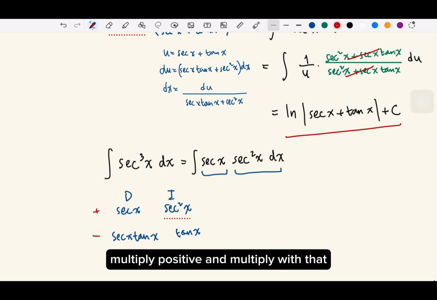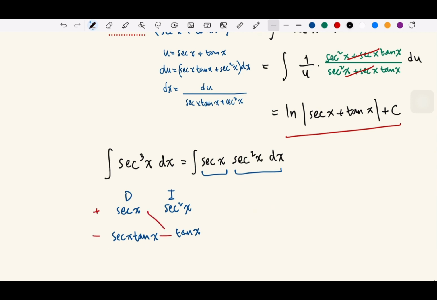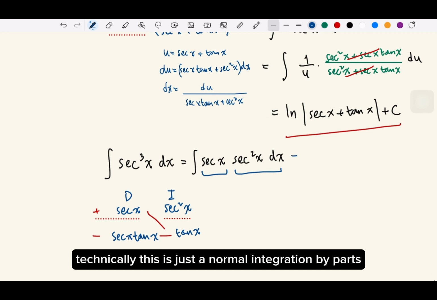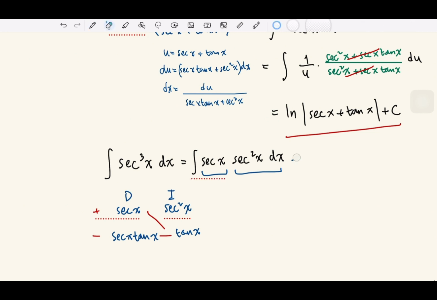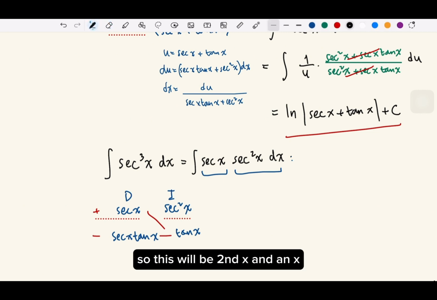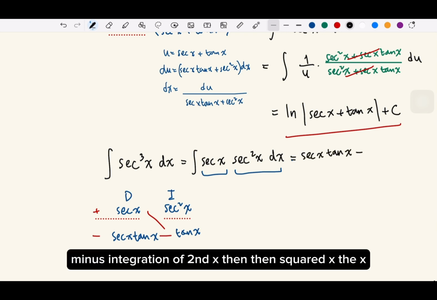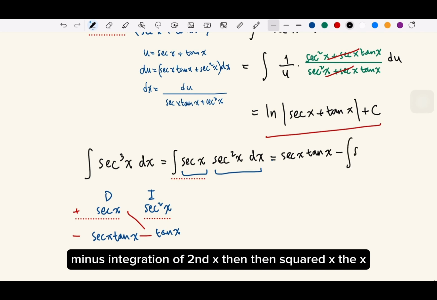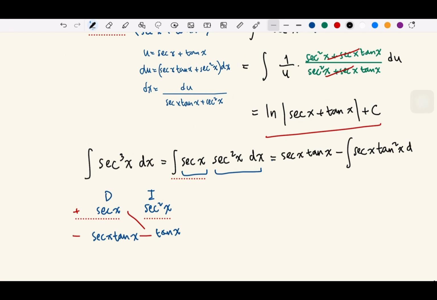Technically, this is just a normal integration by parts. So this will be secant x tangent x minus the integration of secant x tangent squared x dx.